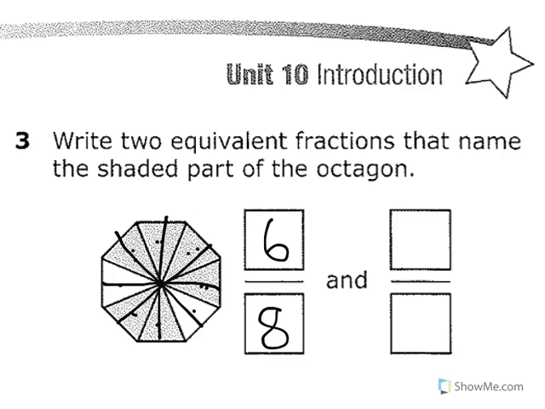So now there should be 16 sections altogether. 1, 2, 3, 4, 5, 6, 7, 8, 9, 10, 11, 12, 13, 14, 15, 16 sections, which is the same thing as times 2. And there will be 12 of them that are shaded. 1, 2, 3, 4, 5, 6, 7, 8, 9, 10, 11, 12 that are shaded, which is 6 times 2.